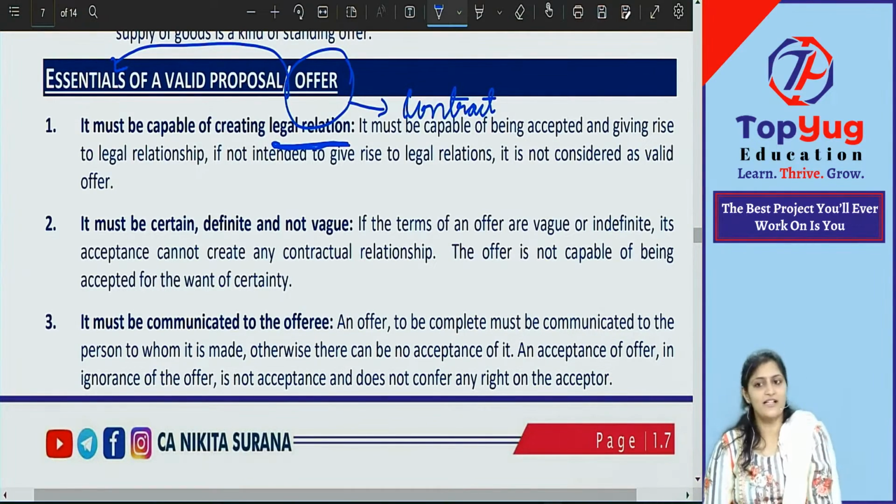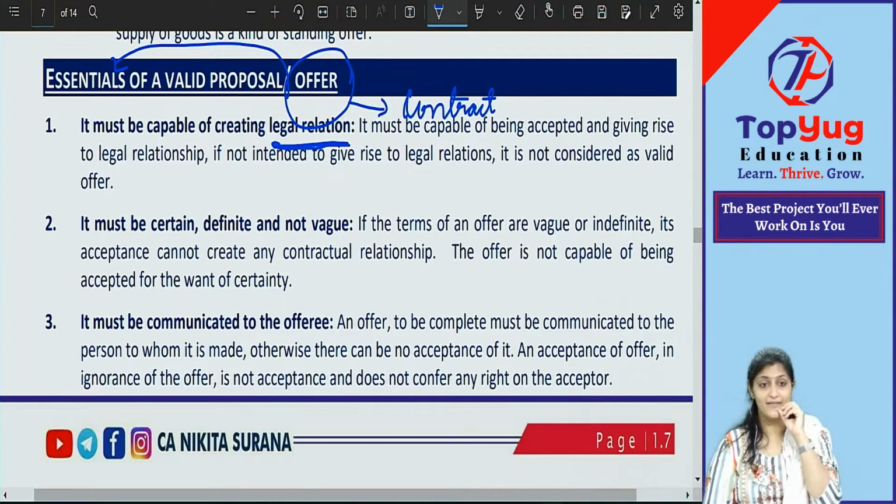Do you understand the legal relationship? What is legal relationship? Capable of creating legal relationship. Enforceable by law. When will it be enforceable by law? In contracts. We are talking about offer here. Offer when?